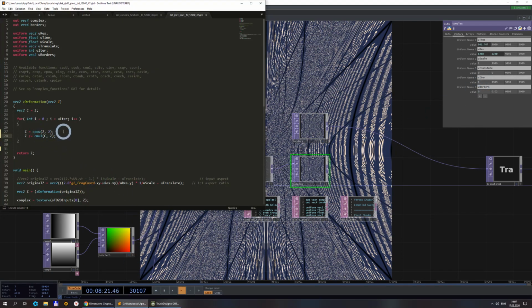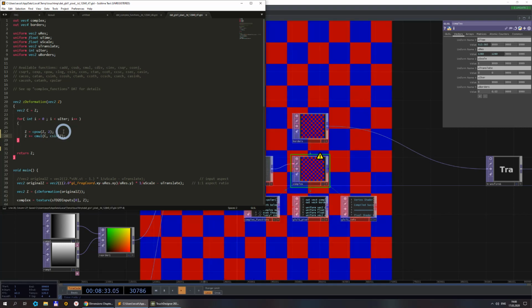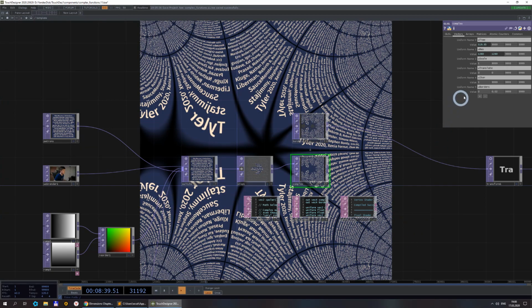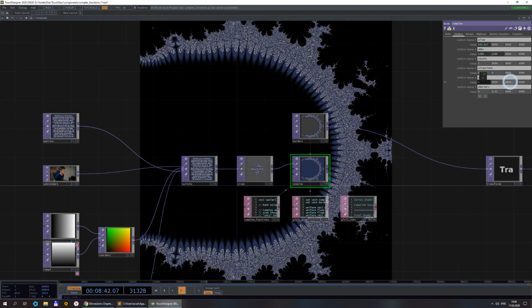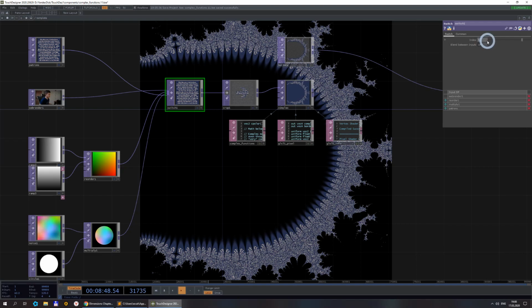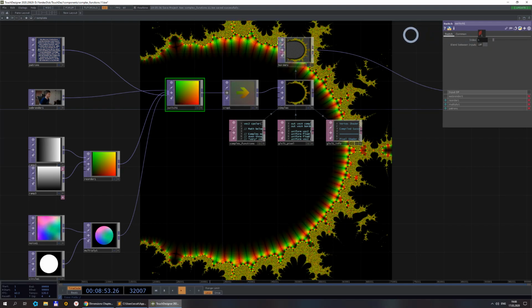So as you can see, I just play with it, and you can put a function inside a function. Sometimes you will get some fractal look like here, and for fractals it's better to switch to something else, probably like tan.